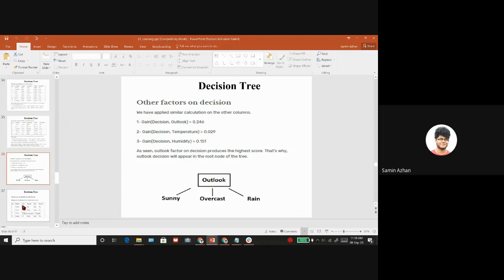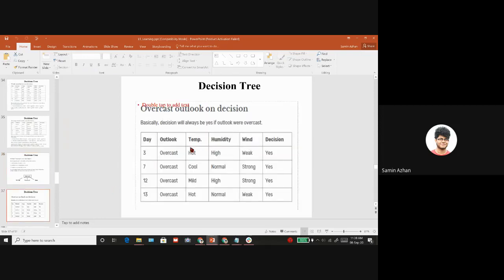In the next slide, we're trying to figure out what should be the decision if outlook is equal to overcast. When outlook is equal to overcast, we see that all of the decisions are yes. In our training dataset, all the decisions of outlook equal to overcast is yes.